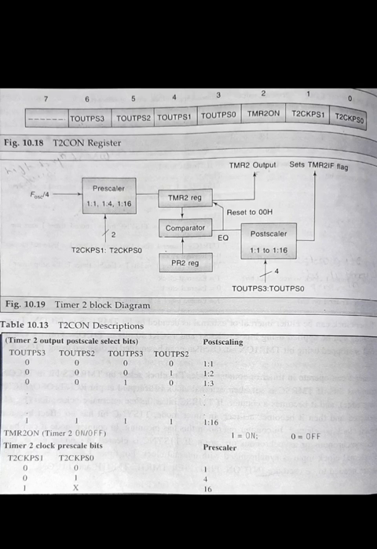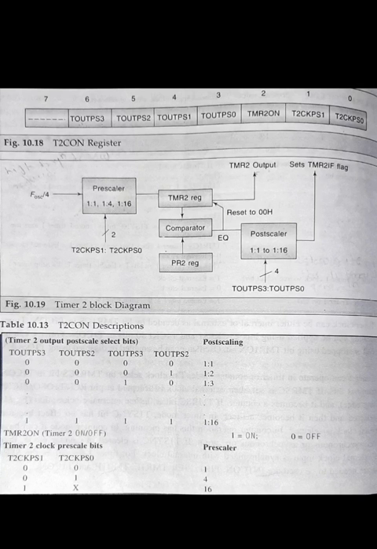The postscaler counts the number of times the TMR2 register matches the PR2 register. This helps in counting applications where an almost 16-bit timer is required with an interrupt on overflow. Prescaler and postscaler counters are cleared if Timer 2 is written, or T2CON is written, or after a power-on reset, brown-out reset, MCLR reset, or watchdog reset.